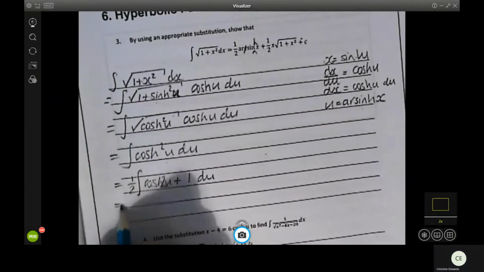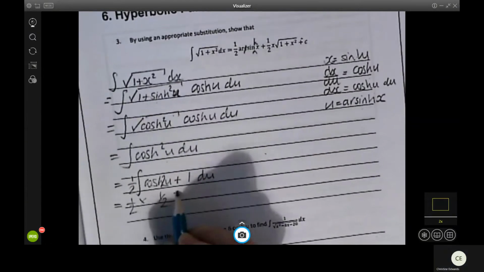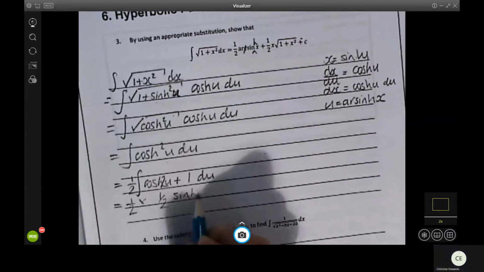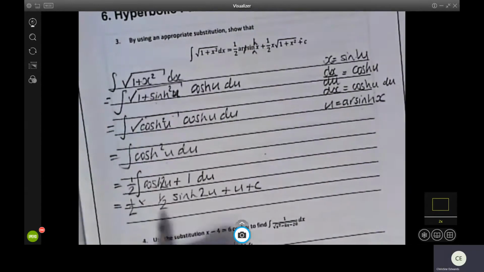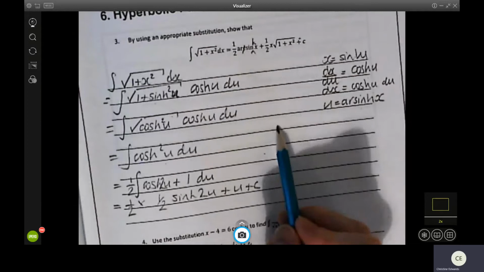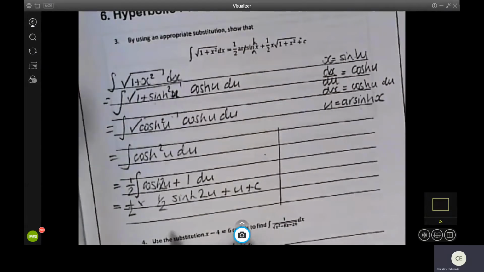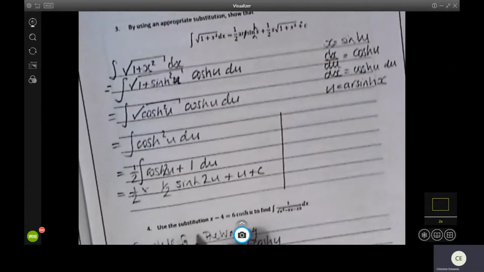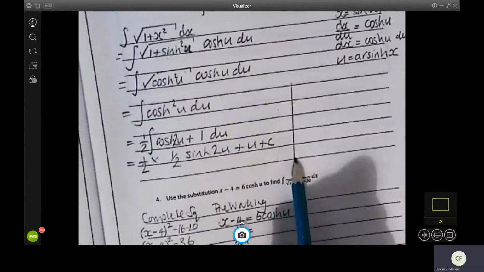Integrating, I obtain a half times by a half sinh 2u plus c. So I've now successfully integrated. The remainder of the question is now about returning the question into a solution that contains x's, as I've been asked to show in the question.